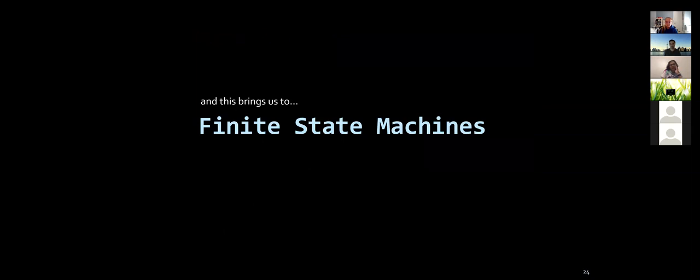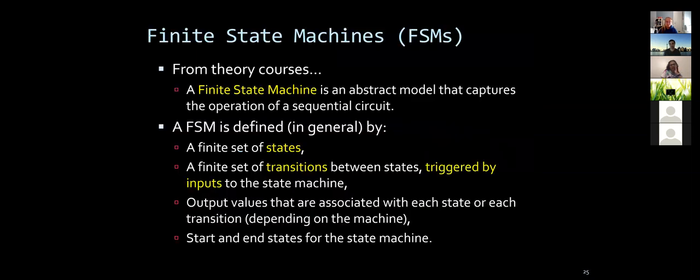which brings us to a formal definition of finite state machines. Before I bring you to the need of this concept, right now I'm going to define formally, mathematically, more or less formally, what it is. From your theory courses, you might remember, depending on which courses you took before, that a finite state machine is an abstract model that captures the operation of a sequential circuit. A finite state machine is in general defined by a finite set of states. That's why it's called a finite state machine, and that's why it has state in it.